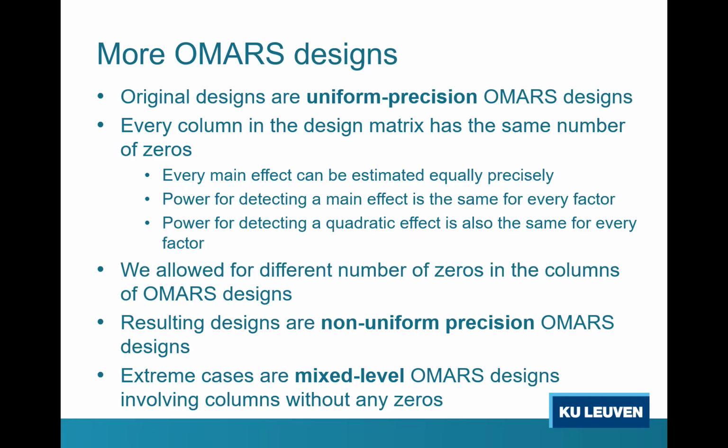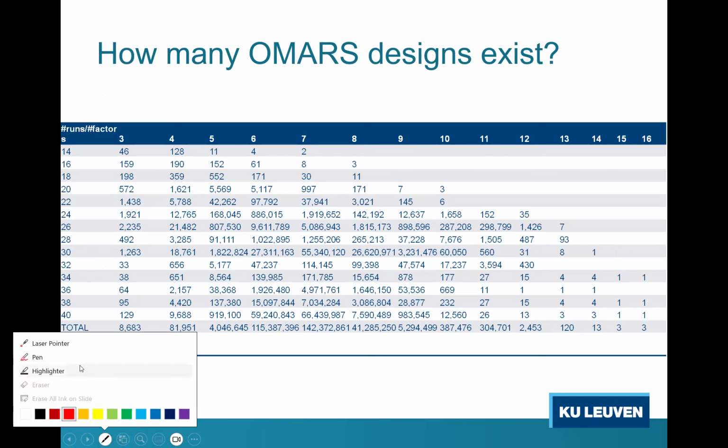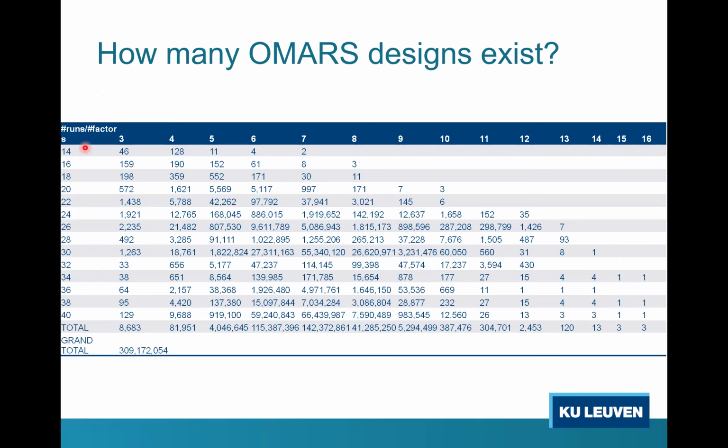Now, with improved algorithms and by allowing non-uniform precision OMARS designs, we immediately found many more OMARS designs. This particular table gives you a flavor of how many OMARS designs we found.